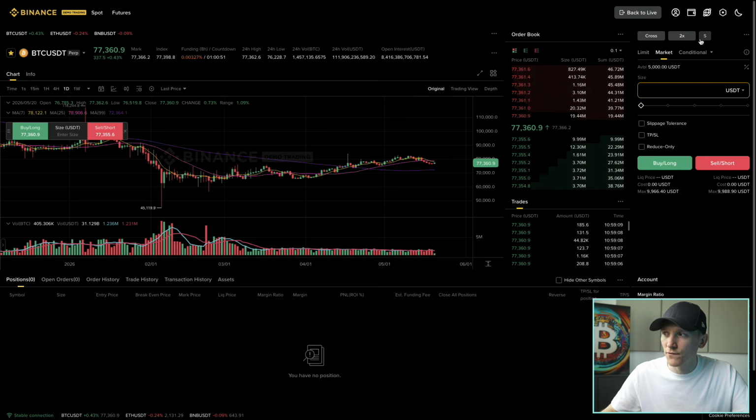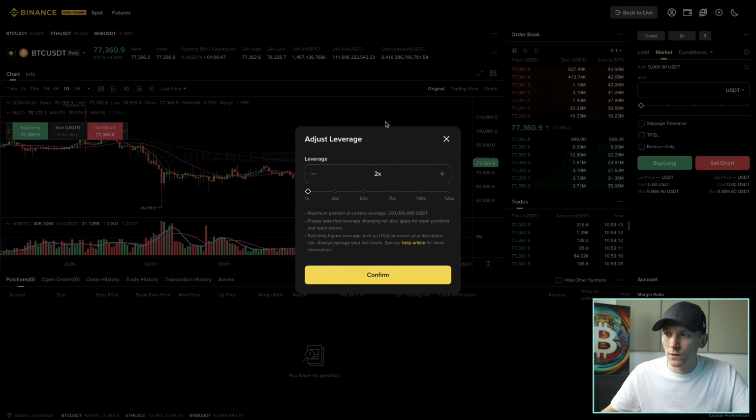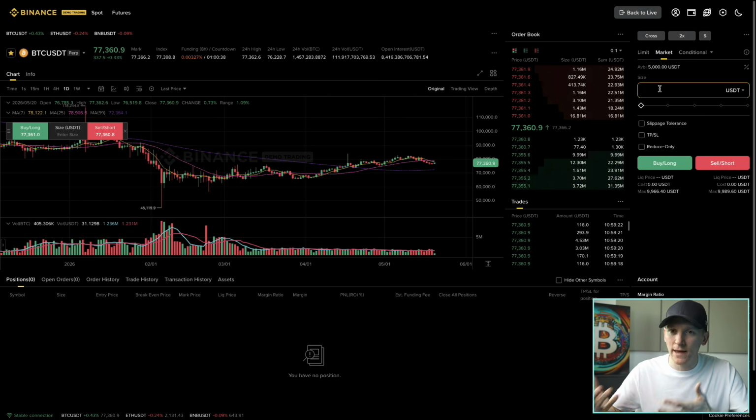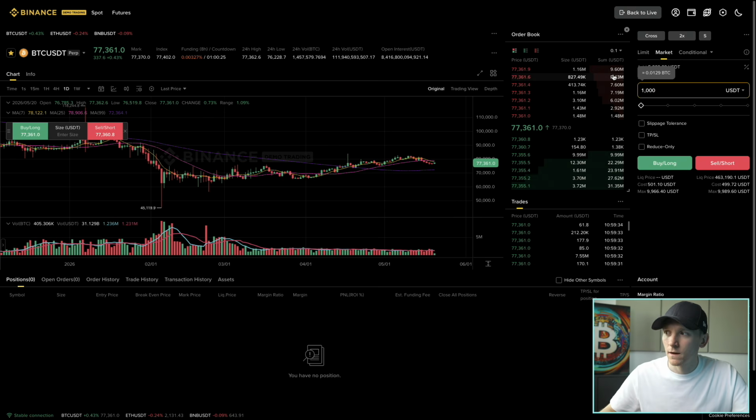So up in the top here with futures, you can see the X icon here. This is your leverage. So I'm going to choose 2x leverage. What we're going to do here on the right hand side is go to USDT as well, so we can just figure out how big our trade size is. So let's say that I want to open a $1,000 trade size. We're using 2x leverage, and leverage is the trade size in relation to how much cash you have to fund that position. 2x leverage of a $1,000 trade means that I have to put down half in cash.